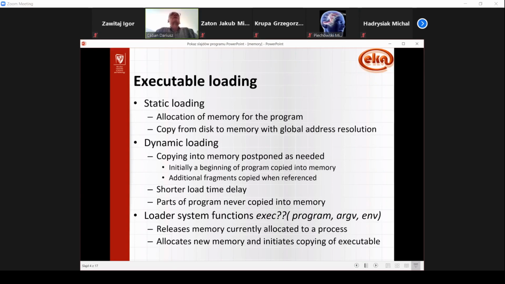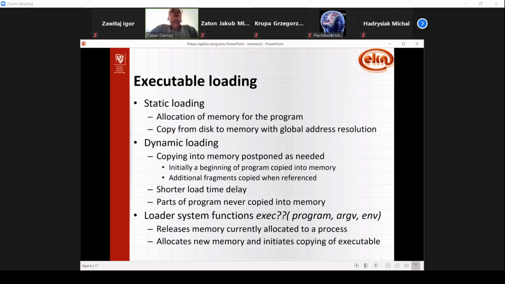This is something that the compiler and linker provide in the header information inside the executable. So this memory is allocated by the loader function, and then information is copied from the file into memory, with global references being resolved at this time.